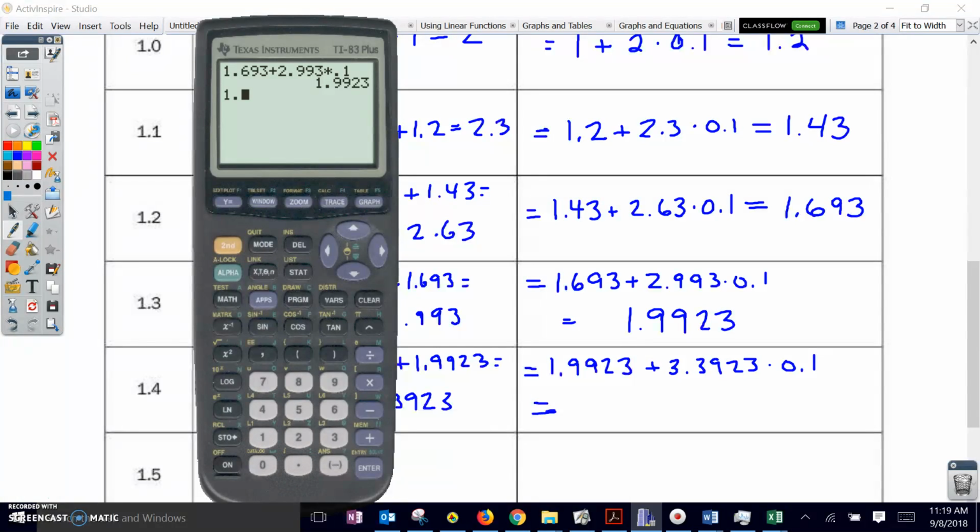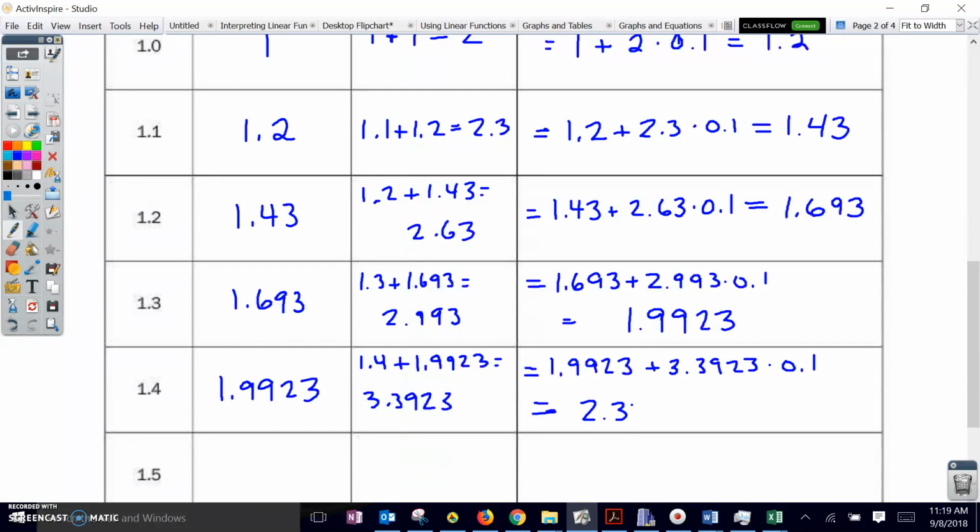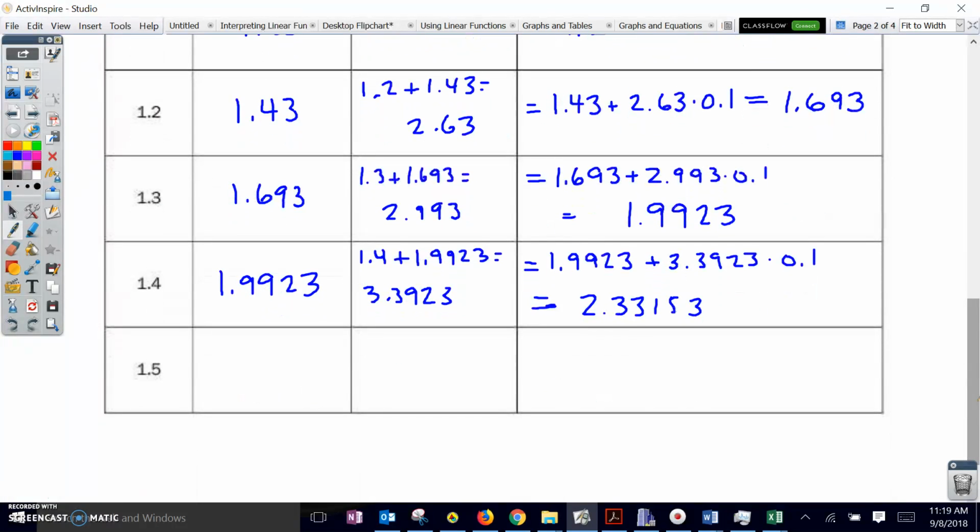We've got 1.9923 plus 3.3923 times 0.1. And I get 2.33153. And that's the y value that I'm looking for. And so I'm going to approximate this at about 2.332. And that's how I use Euler's method.